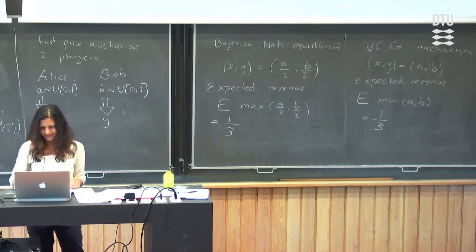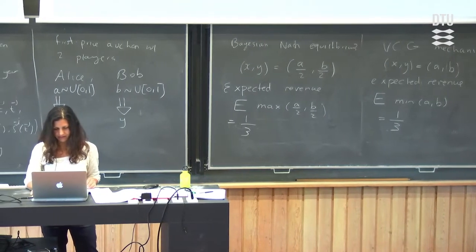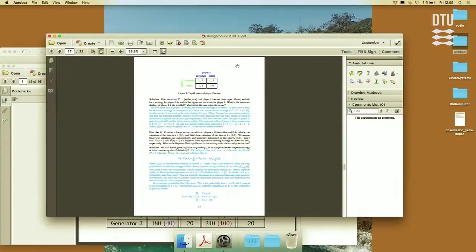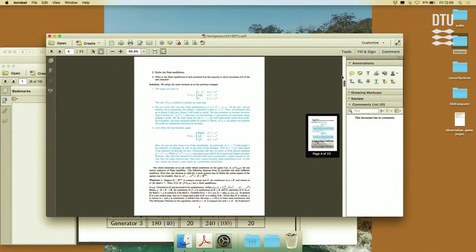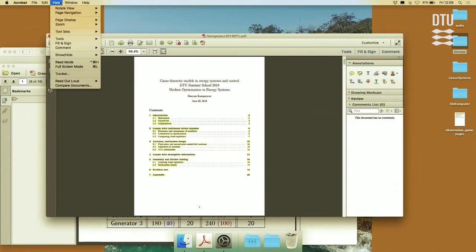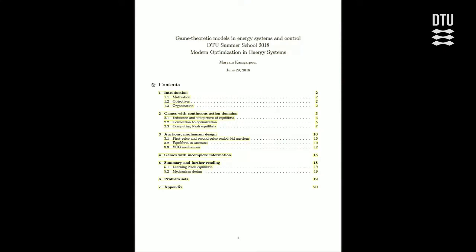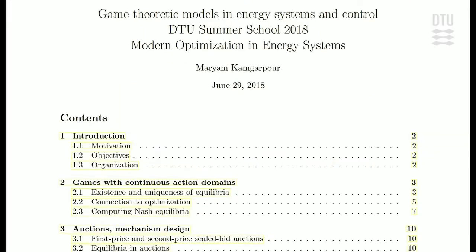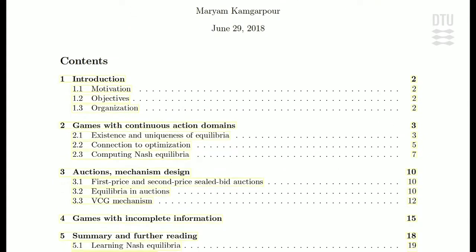Okay, so I guess my time is up, and I just want to wrap up. Let me just go back to say what we looked at. I hope you got a flavor of some of the game-theoretic problems that arise in electricity markets. So we looked at first games with continuous action, then auctions and mechanism design, and games with incomplete information.